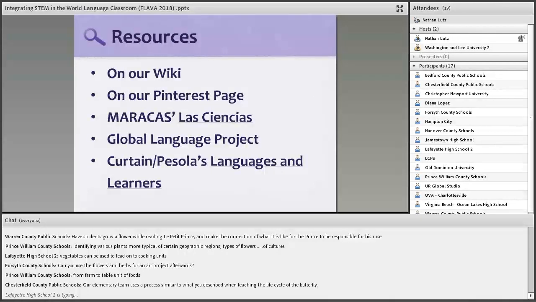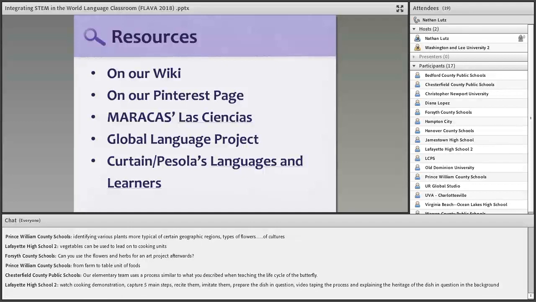All right, so before we wrap, I just wanted to go over a few things. The wiki page that I will give you has some resources listed on it, such as Maracas Las Ciencias and the Global Language Project. Those are both available in Spanish. Global Language Project also has Arabic and Mandarin. Definitely check out Helena Curtin and Caroline Pizzola's Languages and Learners.